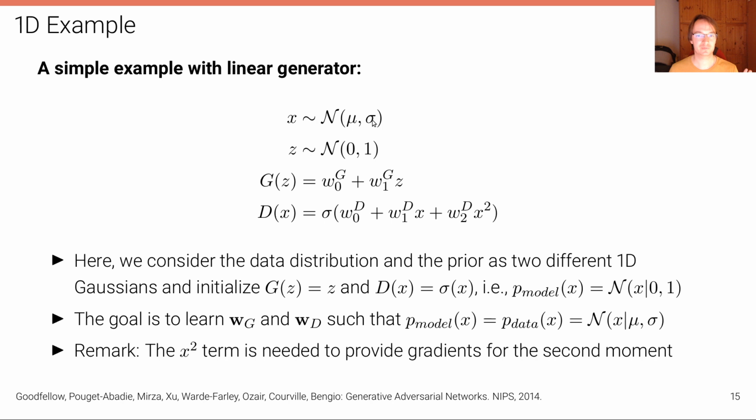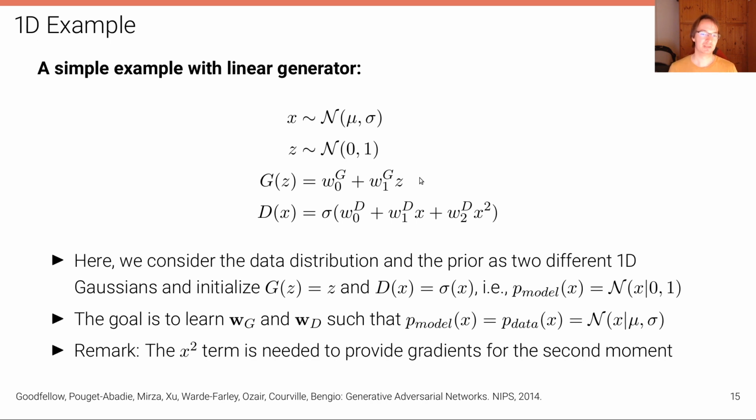For instance, if the standard deviation were 1 but the mean were different from 0, we would just translate. So W0 of G would be the translation scalar, and we would have a 1 here for W1.